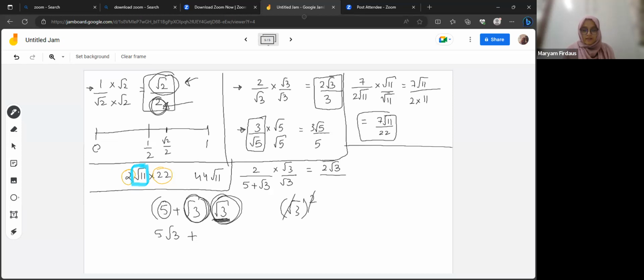The root and the square get cancelled. So this is 3. So here, what have we basically done? We have gotten this in the denominator because 5 root 3 multiplied by root 3. So our denominator becomes 5 root 3 plus 3. But we still have an irrational number in our denominator. So that's a problem, right?